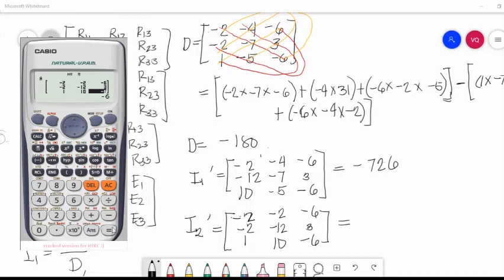So, after you input, press AC, and then shift 4, 7 for determinant, then shift 4 again for matrix A, 3. So, that is equal to negative 18.